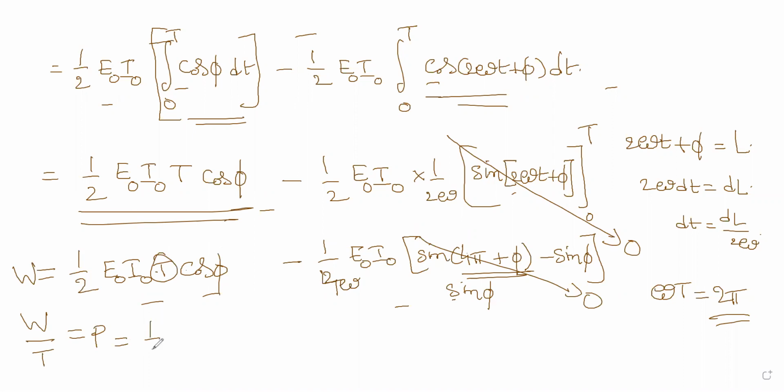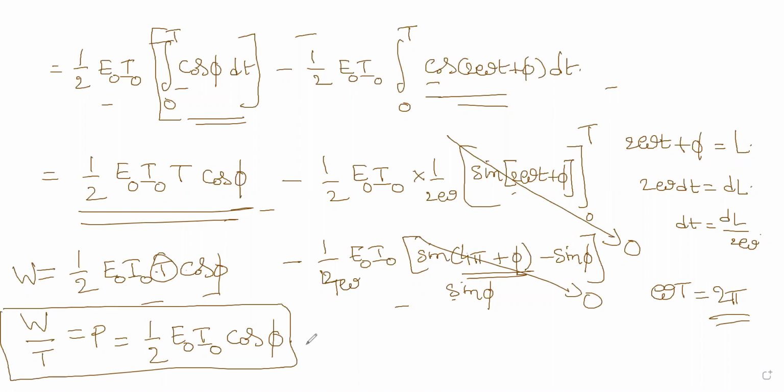That is half E naught I naught cos phi. This is the average power.